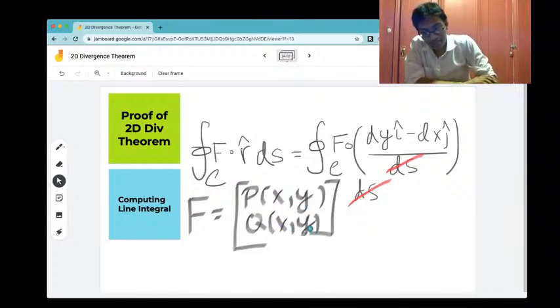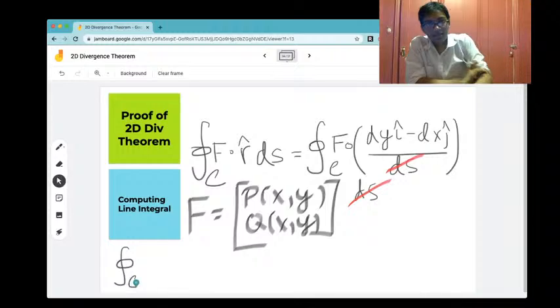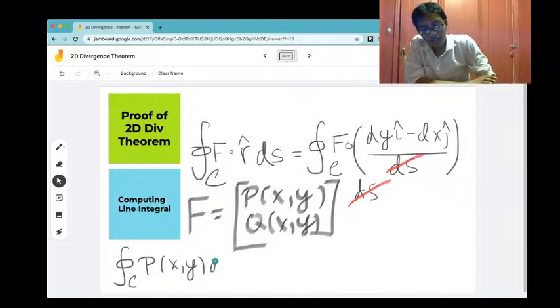Well, quite simply, the integral over the curve is simply going to be p of x comma y dy, minus, and of course we're not going to have any components this time, q of x comma y times dx.